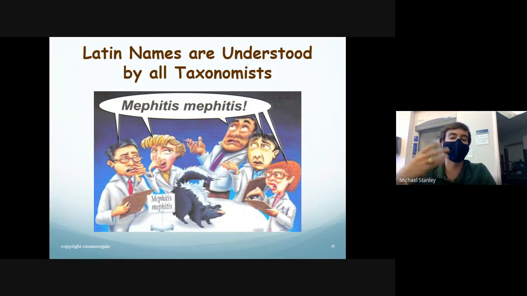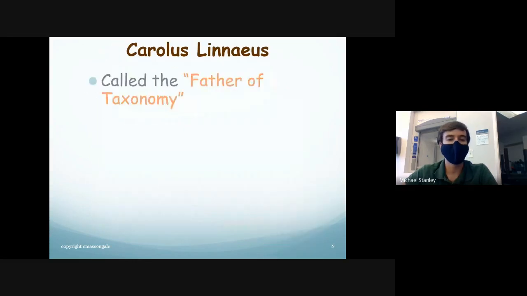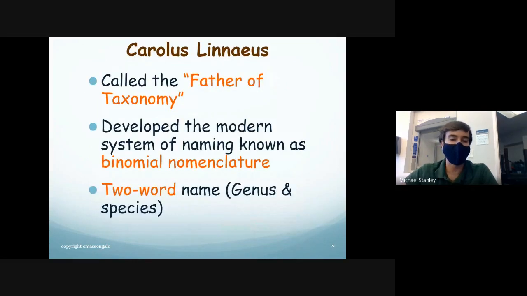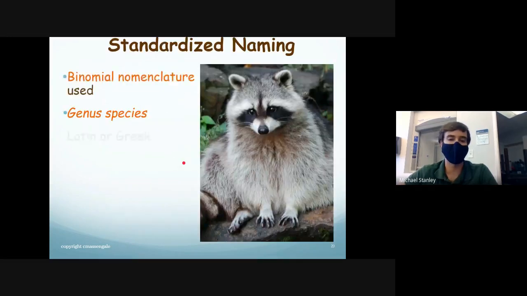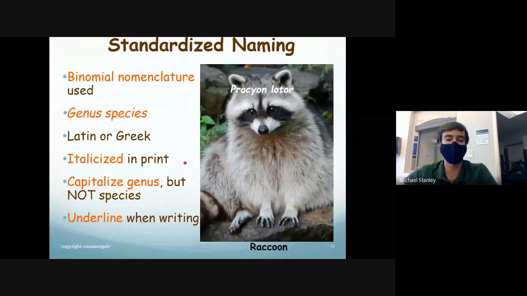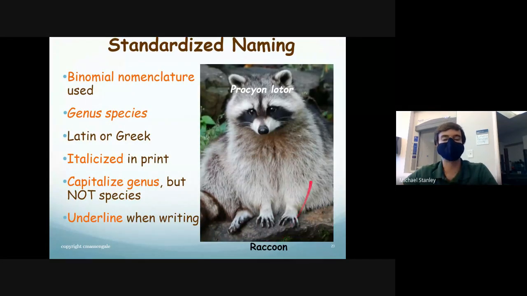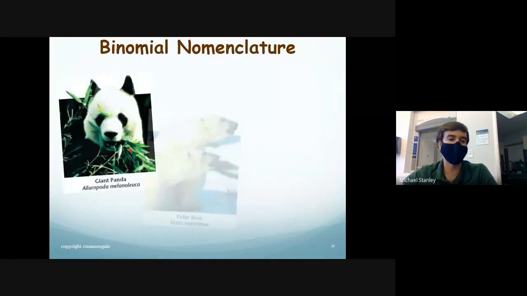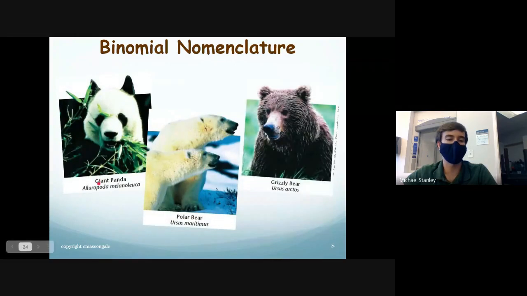This way, it helps make it very clear exactly what animal and exactly what species you are talking about. It's called binomial nomenclature, which is just a fancy way of saying that animals and plants all have 2 names. For example, we might call this a raccoon, but scientists around the world can identify it as Procyon lotor. So all animals and plants have a specific 2-name scientific name.